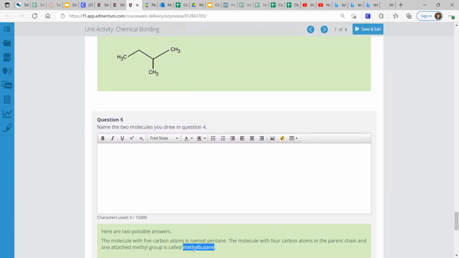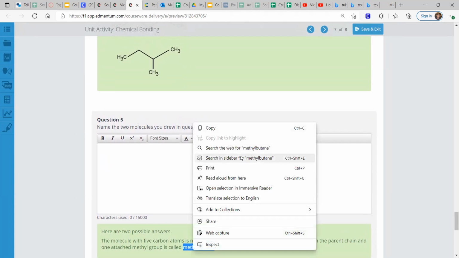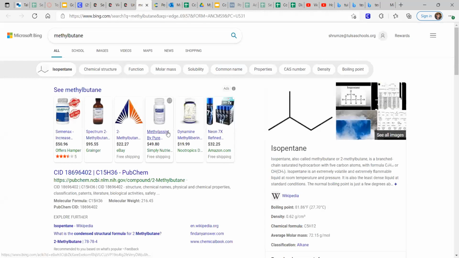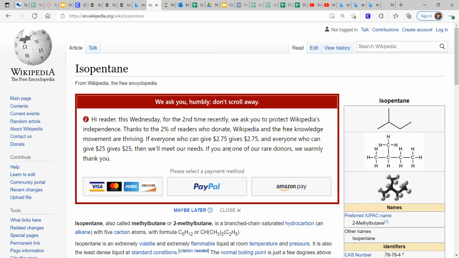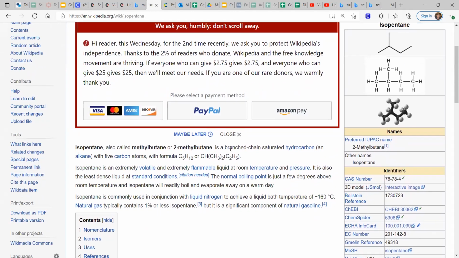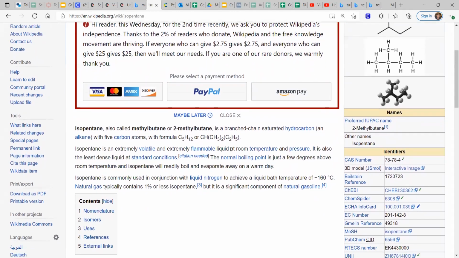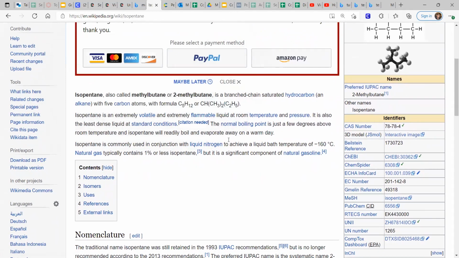And if you look that up, it's called isopentane, also called methylbutane. And that is a branched chain saturated hydrocarbon. So hydro means hydrogen and carbon together.